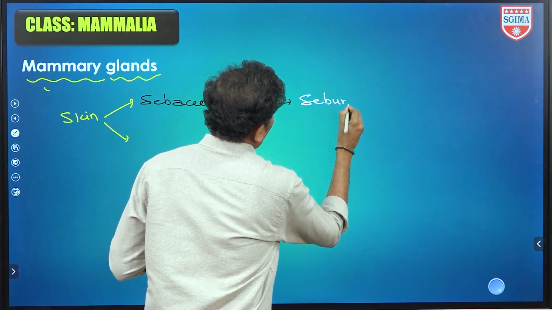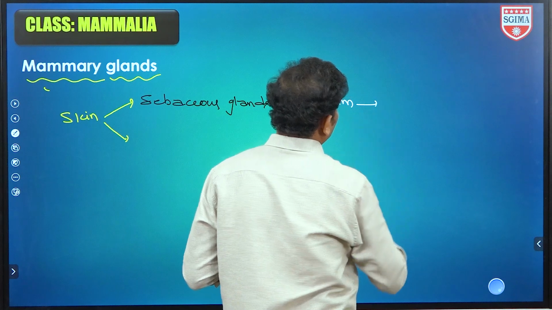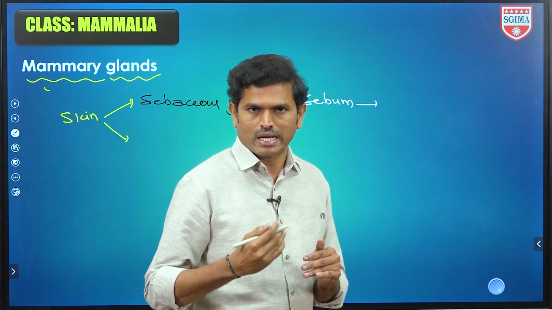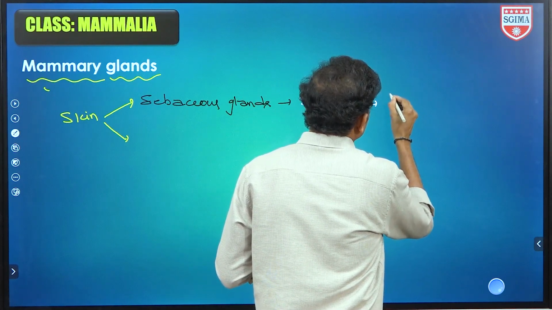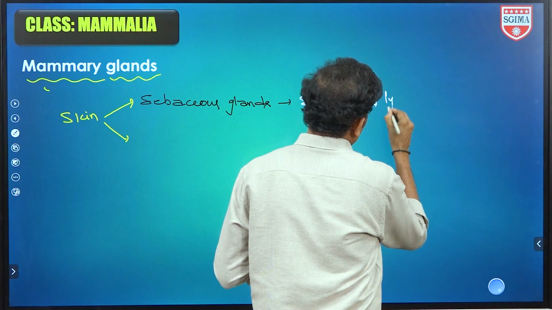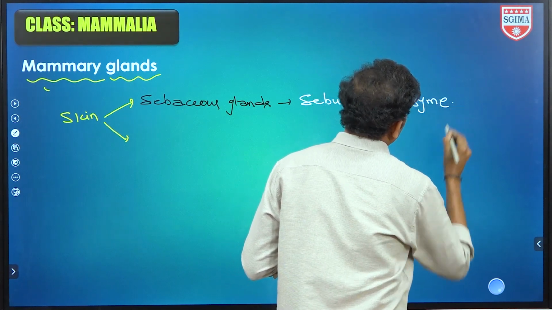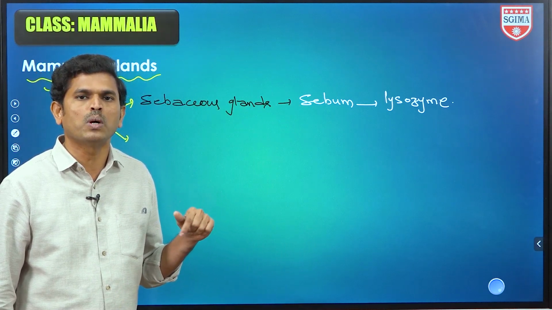Sebum is an oily matter, and this sebum is useful for prevention of entry of microorganisms. In sebum, an antibiotic, antiseptic substance, lysozyme, will be present. This prevents the entry of microorganisms into our body.